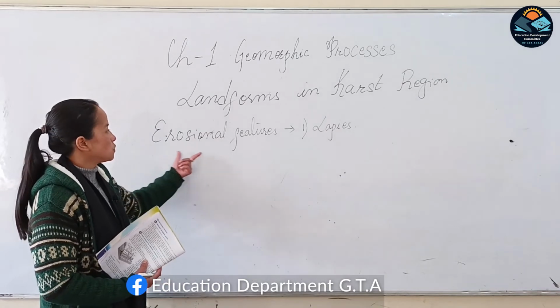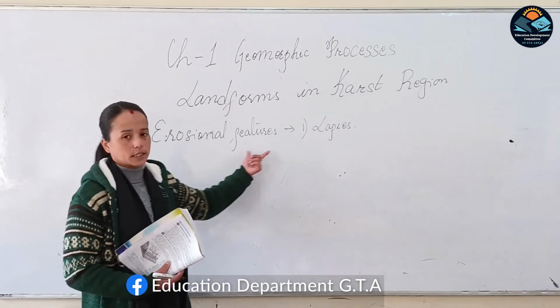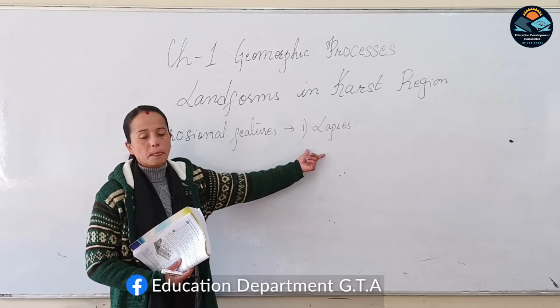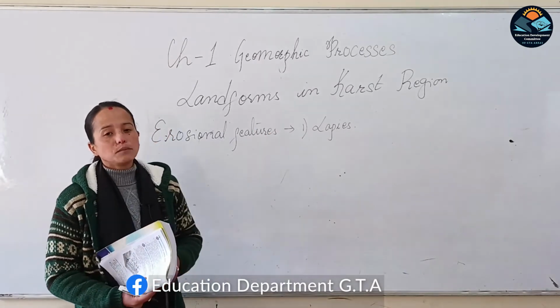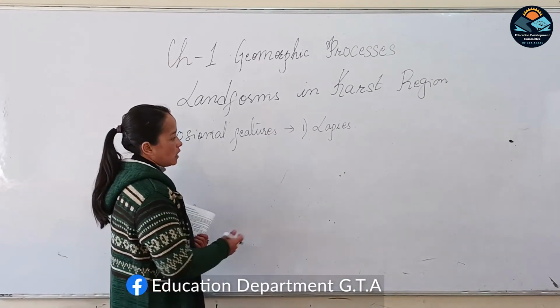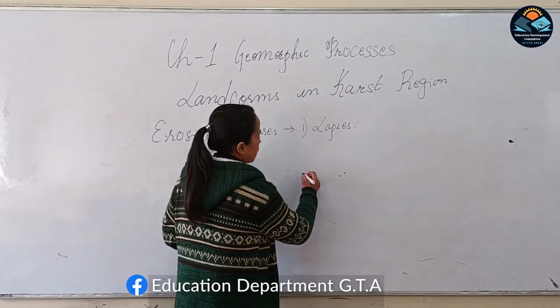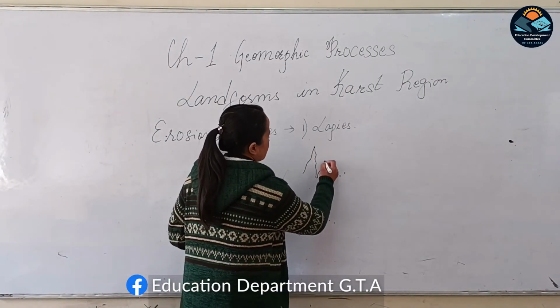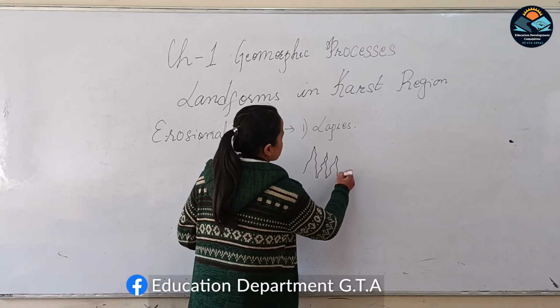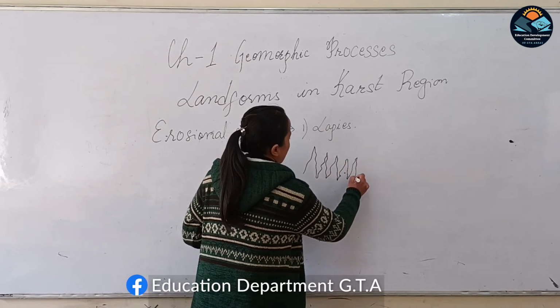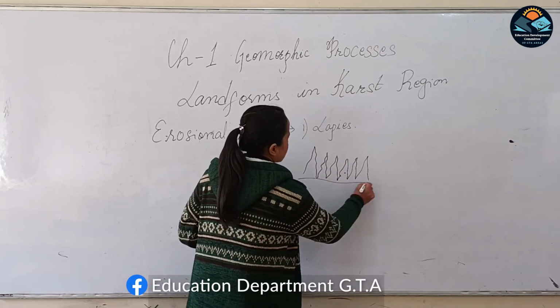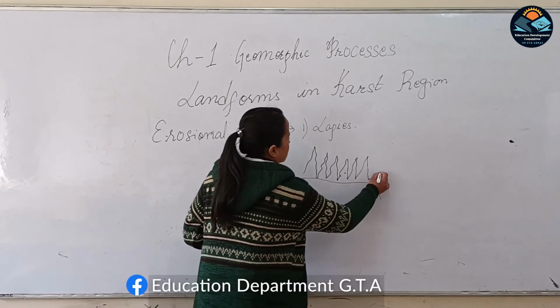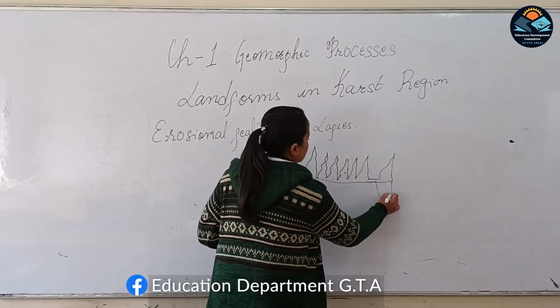So first we'll go with the erosional features. The first one is the lapis. In the limestone region, very corrugated, sharp and rough ridges are found. That is known as the lapis.